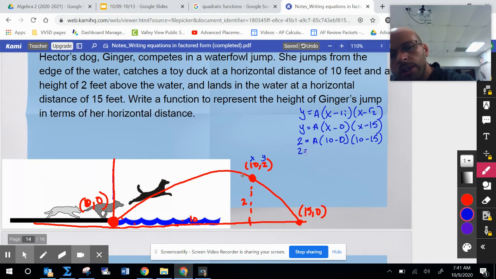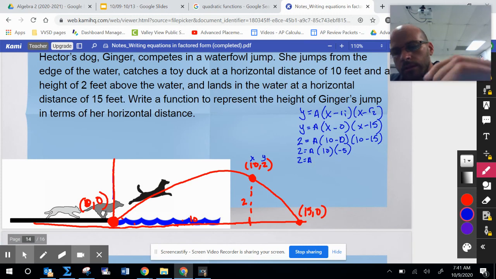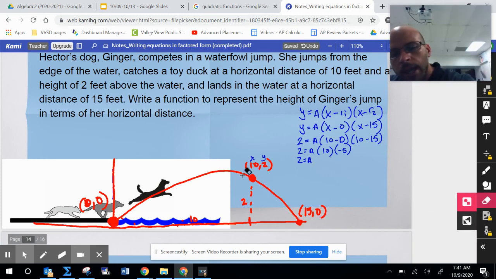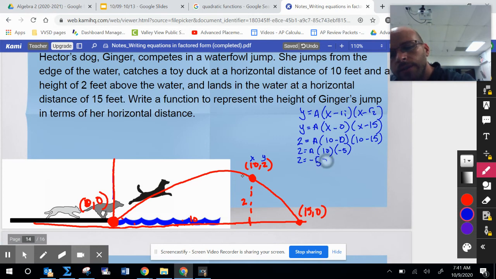So I get 2 equals a times 10 minus 0, which is just 10, and then 10 minus 15 is a negative 5. What's 10 times negative 5? That's going to be a negative 50a. And then divide by the negative 50.